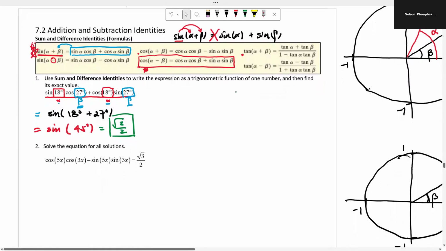Now, let's think about the second problem. This is the one where I would like to solve the equation for all solutions. That means in this case, I would like to solve for x. This is what we want to do. To this equation right here, let us look at the left-hand side of the equation first.